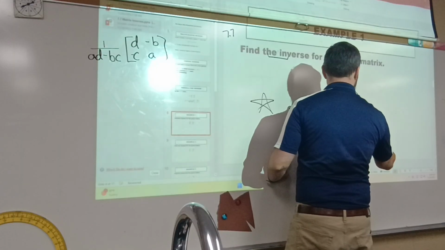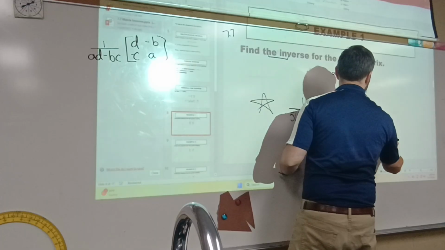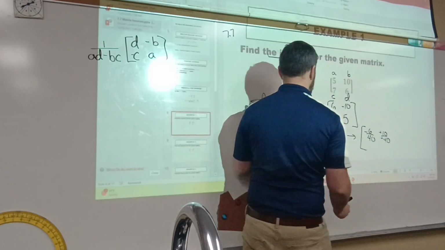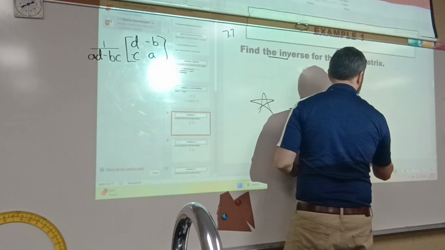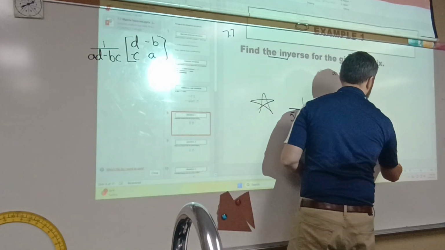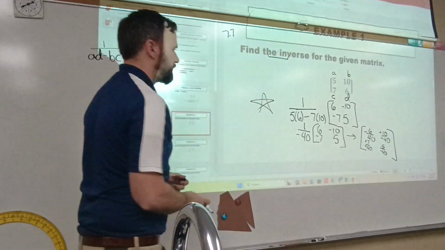So that'd be negative 6 over 40, negative 10 over negative 40. That's going to be positive. Negative 7 over negative 40. That'll be a positive. And 5 over negative 40. There we go. That's how you find the inverse.